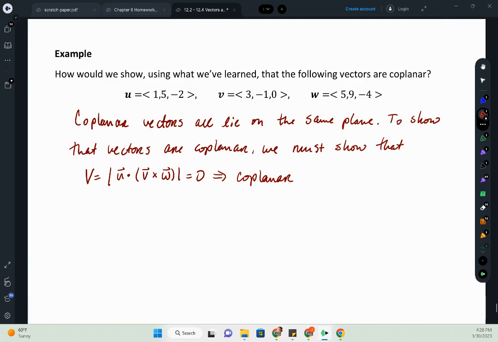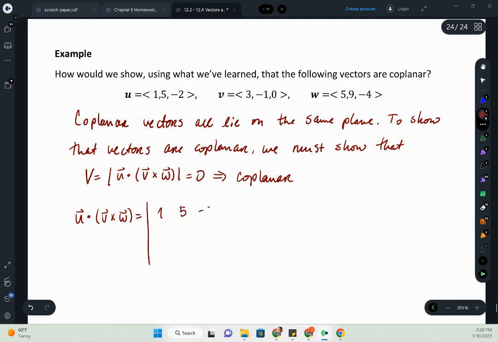Okay, so let's calculate that. Our U dotted with V cross W is equal to the determinant with U in the first row, 1, 5, -2, V in the second row, 3, -1, 0, W in the third row, 5, 9, -4.